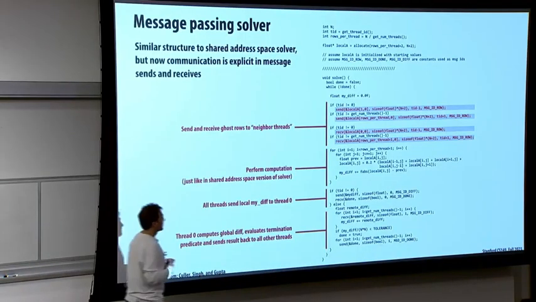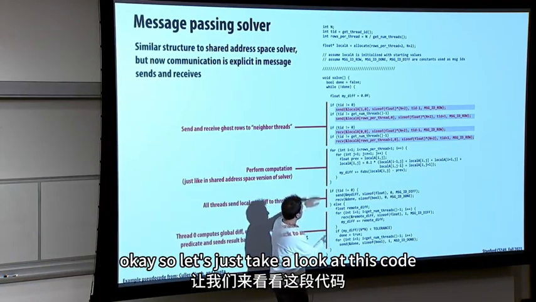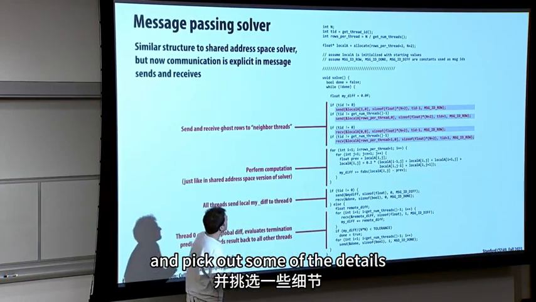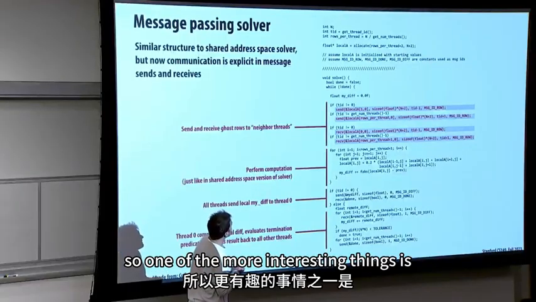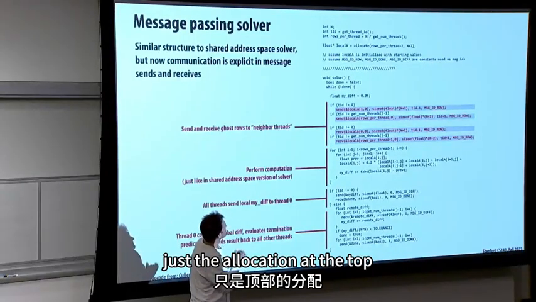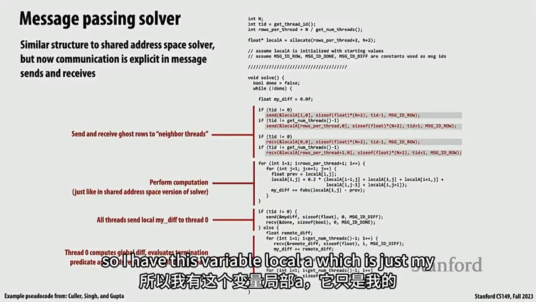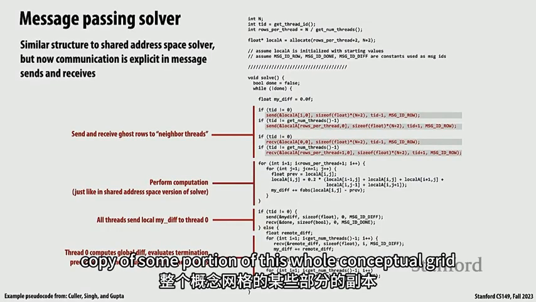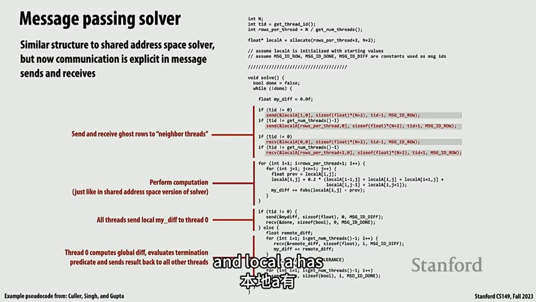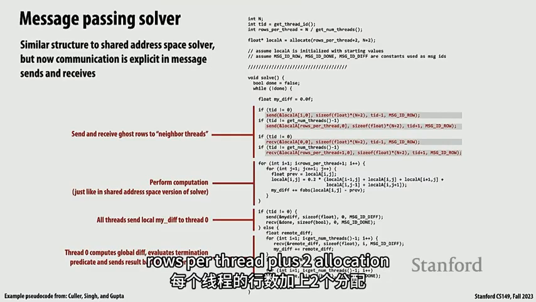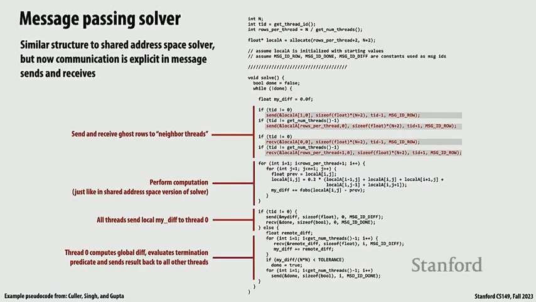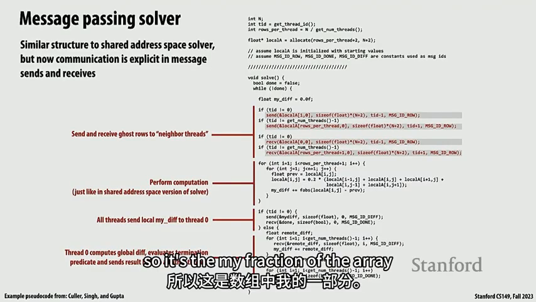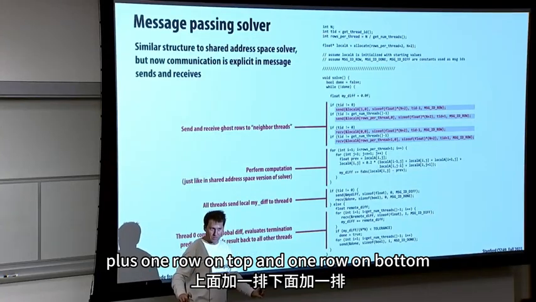Right. Okay, so let's take a look at this code and pick out some of the details. One of the more interesting things is just the allocation at the top. I have this variable local A, which is this thread's local copy of some portion of this whole conceptual grid. And local A has rows per thread plus 2 allocation. So it's my fraction of the array plus 1 row on top and 1 row on bottom.